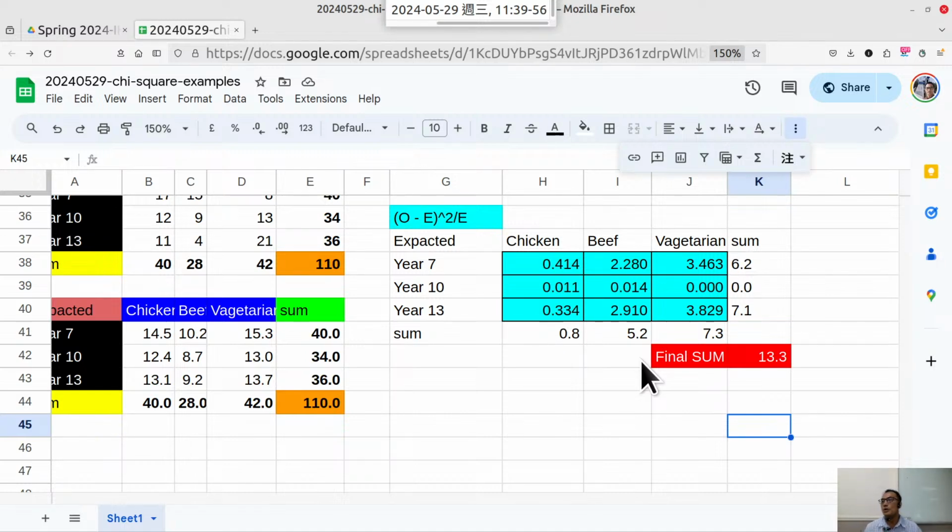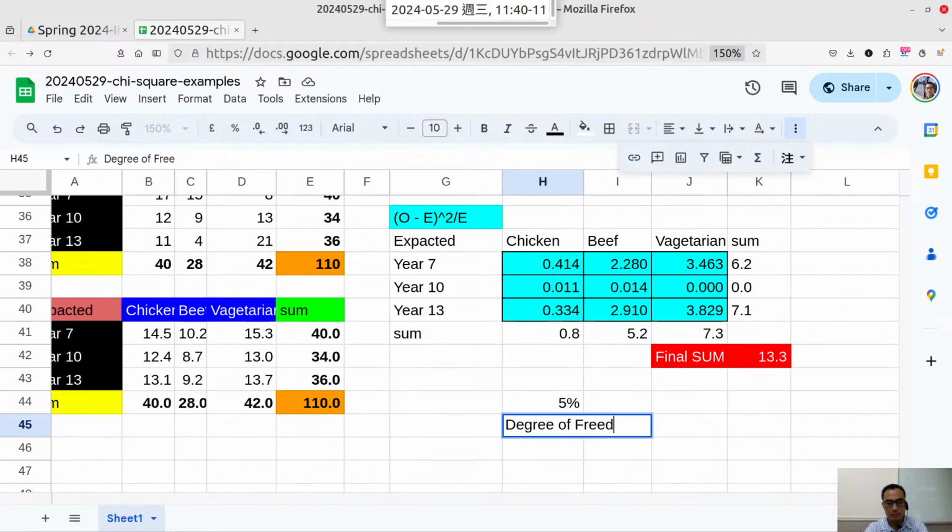Okay, then we set the significance level at 5%, and the degree of freedom. Let's check the formula.